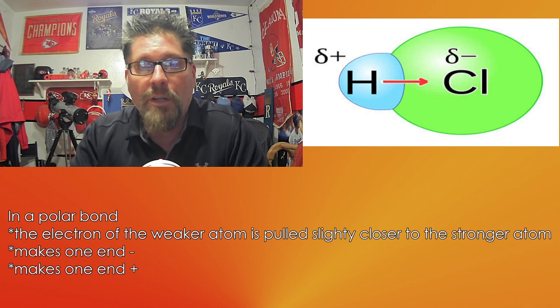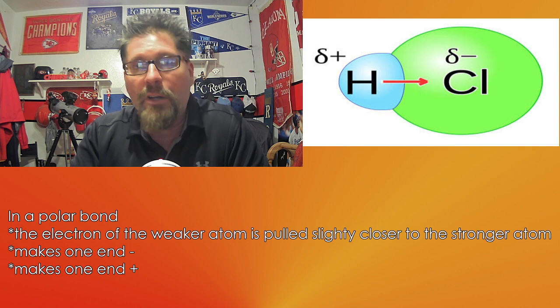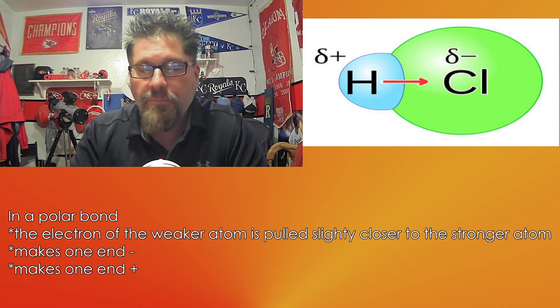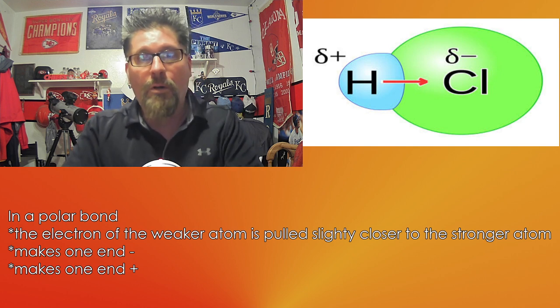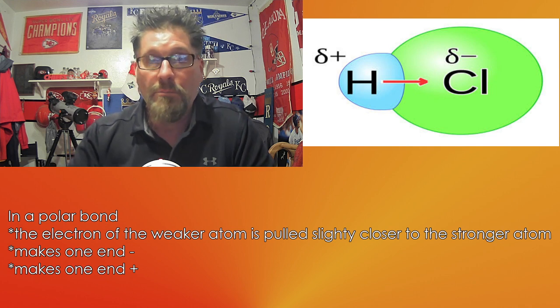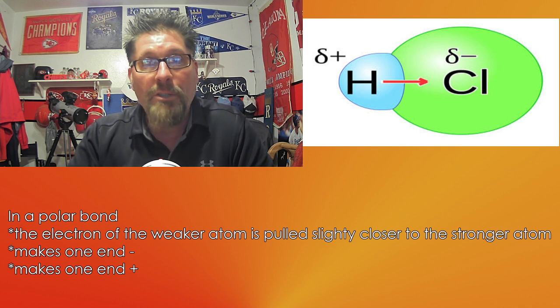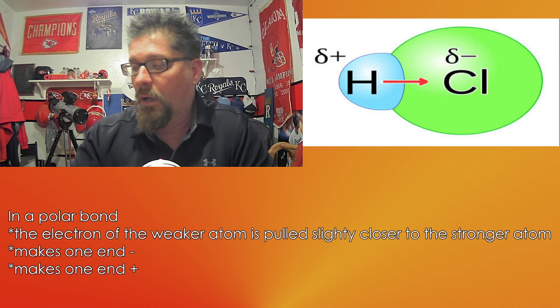The end that the electrons are being pulled to, that would be the negative end, and the end that they're being pulled away from, that would be the positive end, and that makes it polar. But that's a huge deal when we're talking properties of water, which we will get into in a later video.